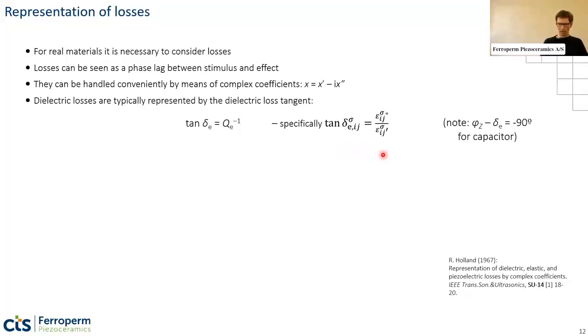And in that case, you actually use what we call the dielectric loss tangent, tan delta, to express the magnitude of these losses.